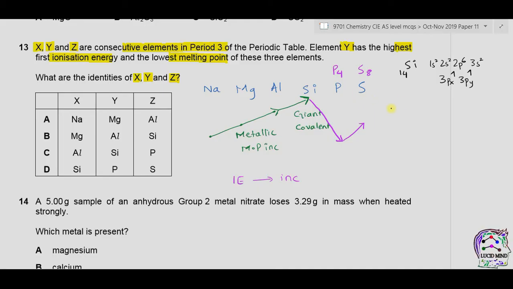Similarly, for phosphorus, 15, we can write the electronic configuration 1s2, 2s2, 2p6, 3s2, and then we have 3 single electrons in each p orbital.